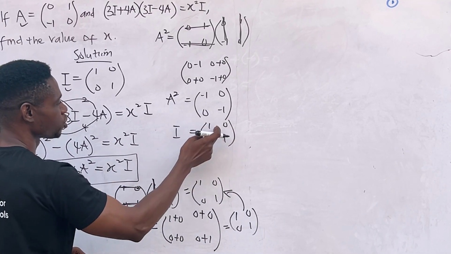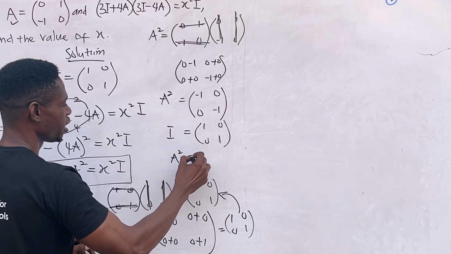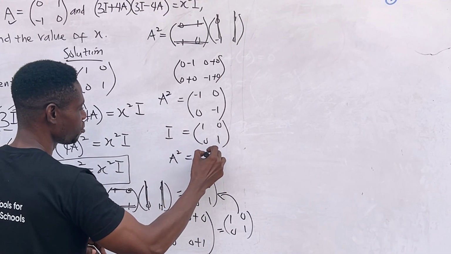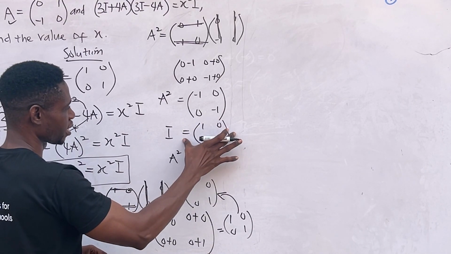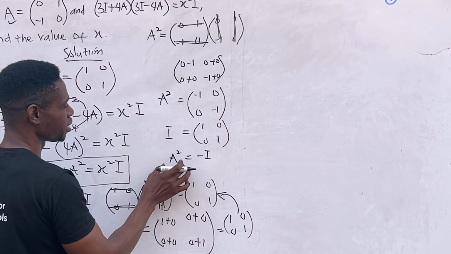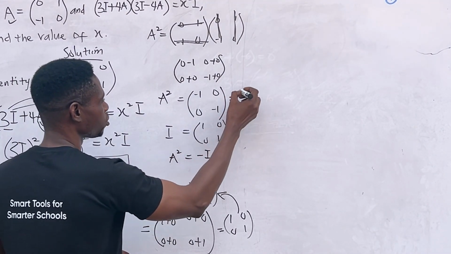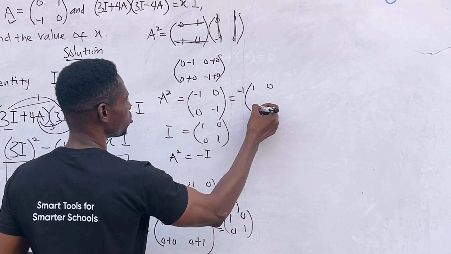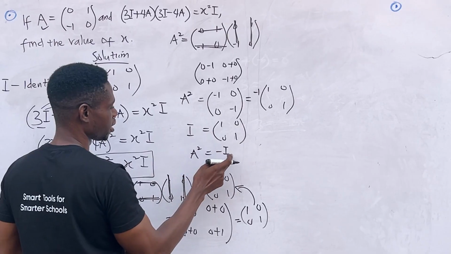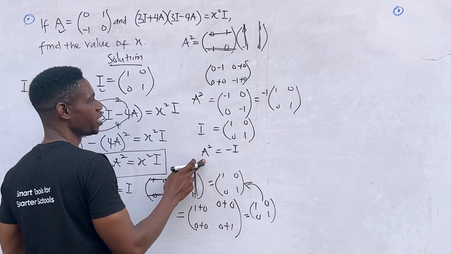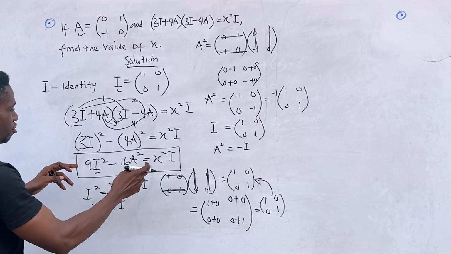If you compare these two very well, we can say that A squared is a negative I. In that, this A squared you can write as minus 1 times 1, 0, 0, 1. So this is our I, and a negative I is equal to A squared. So we've written a lot. Now let's bring everything together from where we started.